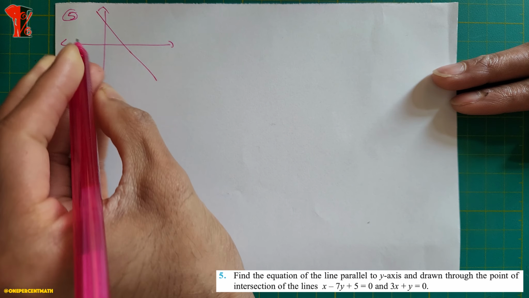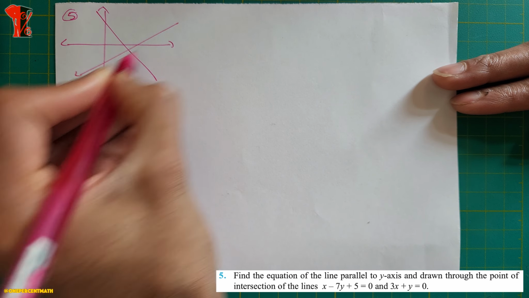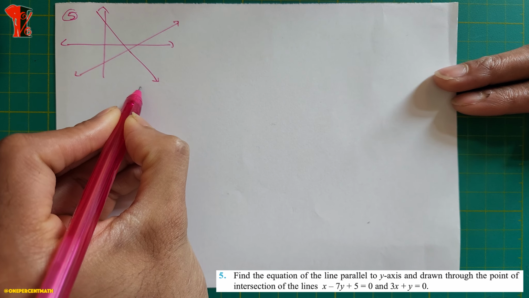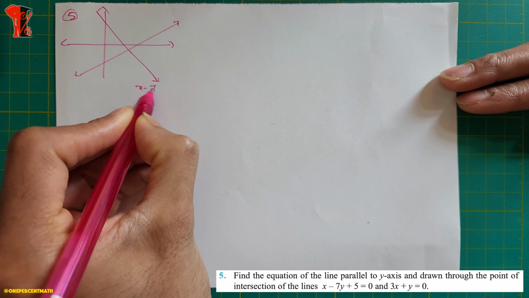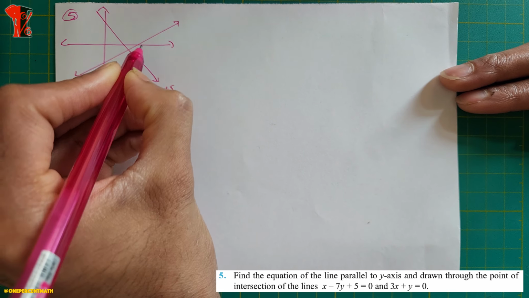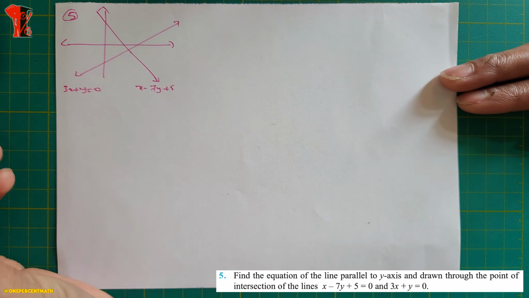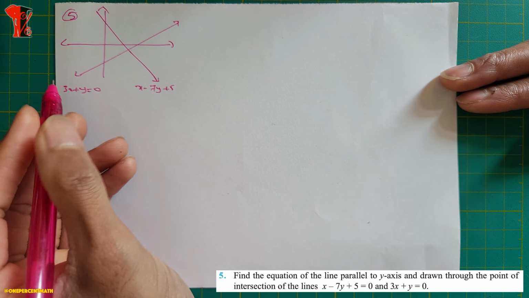Okay, I'll draw a random line here. Say for example, it's like this, just for understanding. This is the line with the equation x minus 7y plus 5, and this is another line which is, say for example, 3x plus y is equal to 0. Just for understanding, it may not be according to the equation.